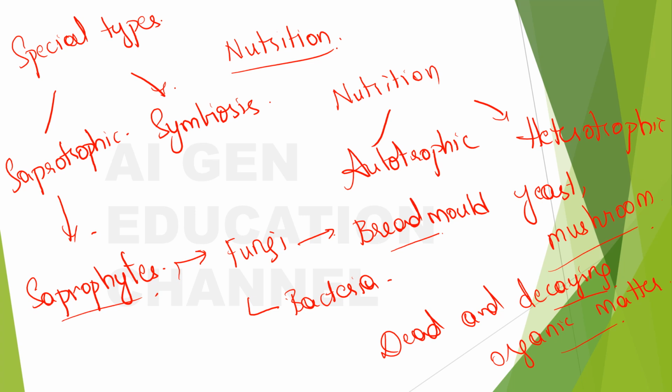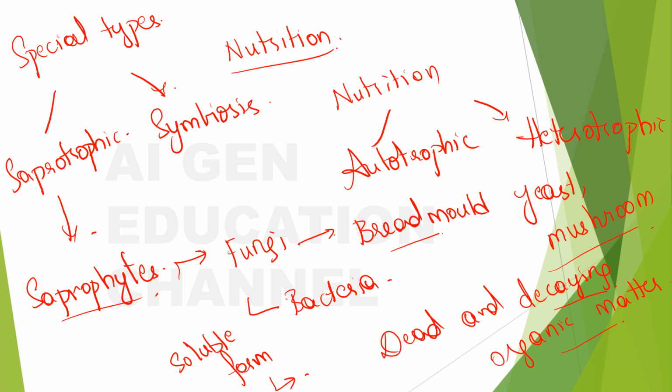Dead and decaying organic matter. These organisms secrete digestive juices on the dead and decaying organic matter. These digestive juices act upon that matter and convert it into soluble form. Soluble form means it can be absorbed, so they can absorb the nutrition present in that dead and decaying organic matter.